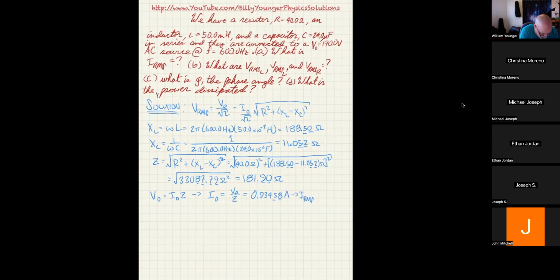And that means IRMS, which is I0 over the square root of 2. So IRMS is equal to, this is part A, divide that by the square root of 2.